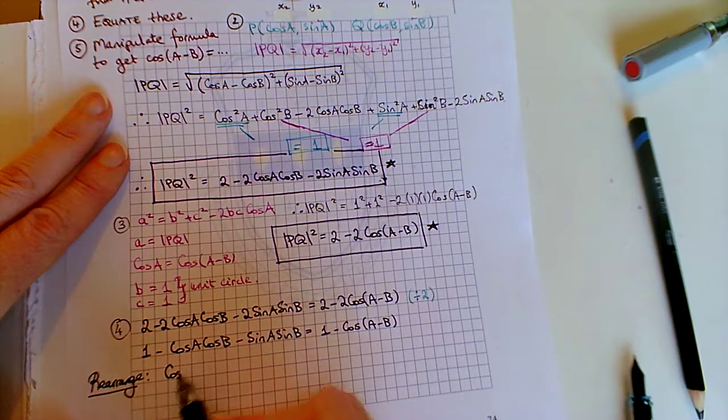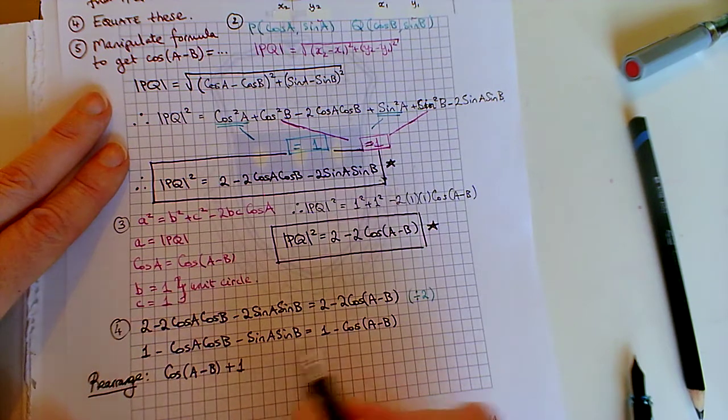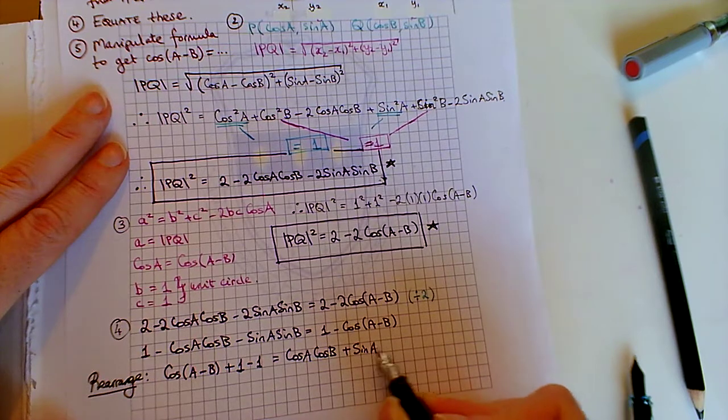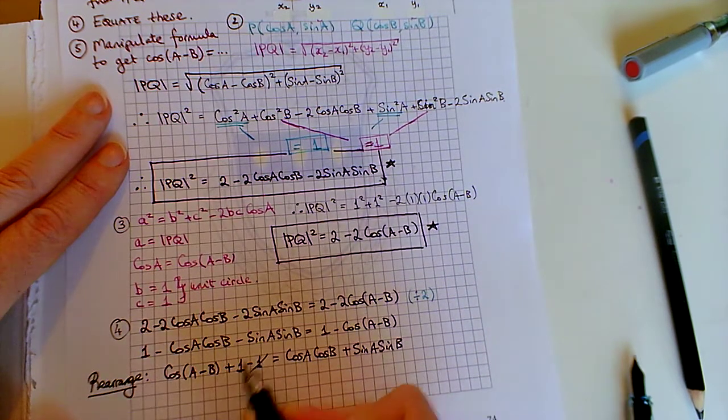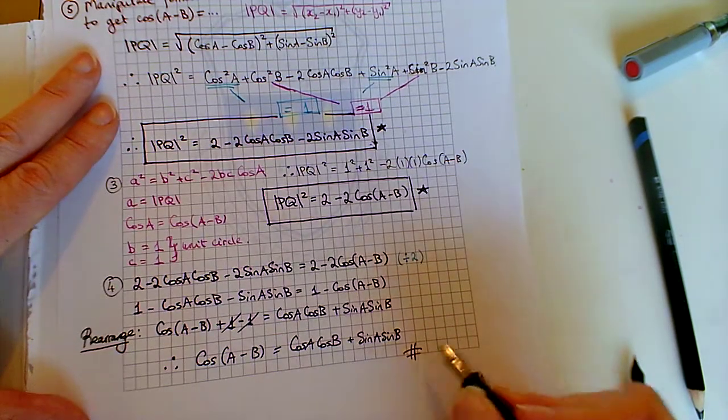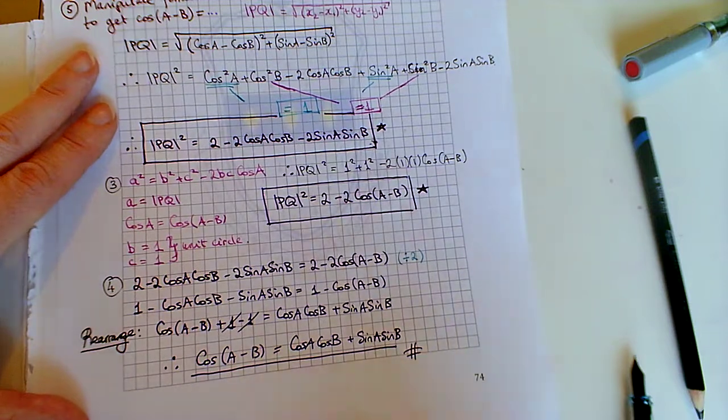And we get cosine of A minus B. Let's leave the ones on this side, plus 1 minus 1 equals cosine of A, cosine of B, plus sine of A, sine of B. The ones cancel, and we have our formula. Cosine of A minus B is cos A cos B plus sine A sine B as required, as we were asked for. And there's our proof.